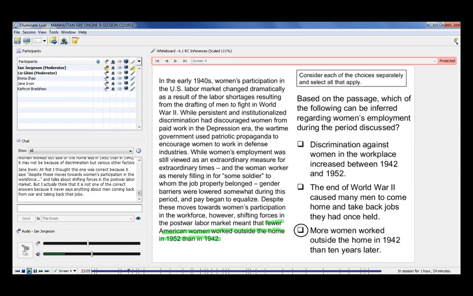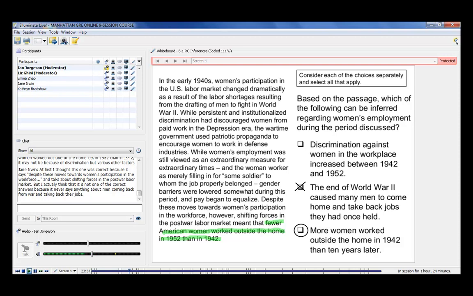So Jane tells us, at first I thought this one was correct because it says despite these moves, blah, blah, blah, it talks about shifting forces, yet never says anything at all about the men coming back. I agree 100%. It never says the men actually came back from war and took their jobs.